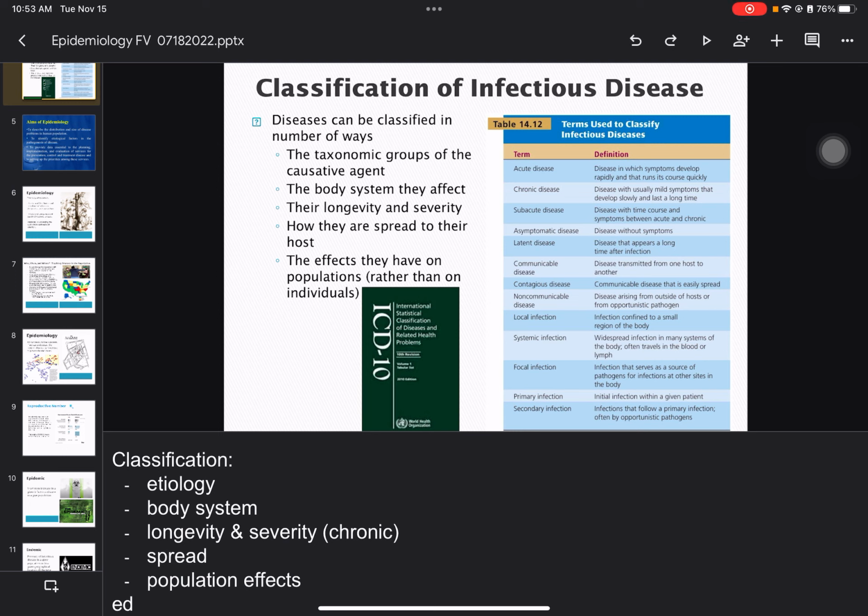Then the body system is respiratory, and the longevity or severity is chronic, because nobody has an acute tuberculosis infection. It's spread by droplet nuclei, not water droplets.